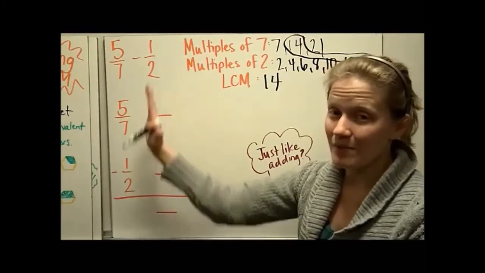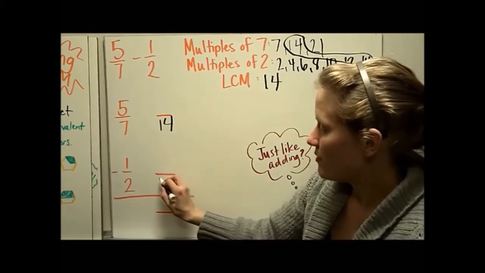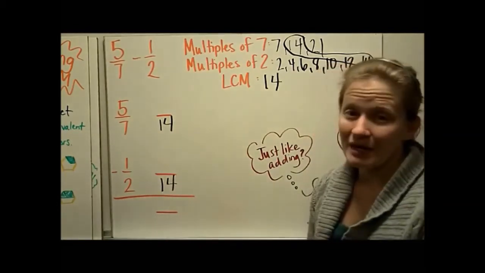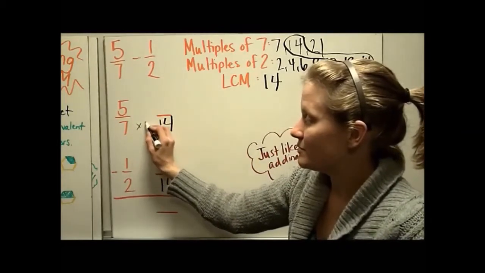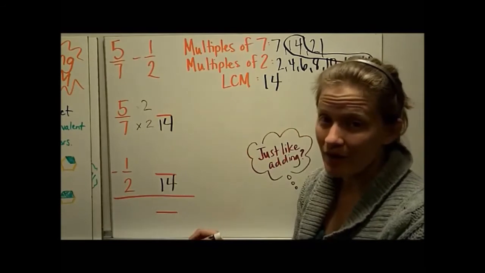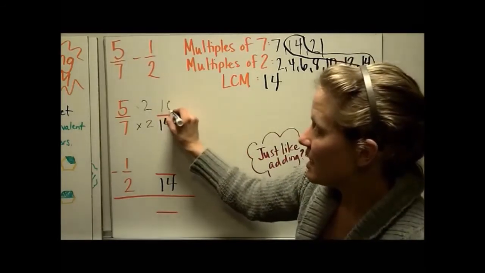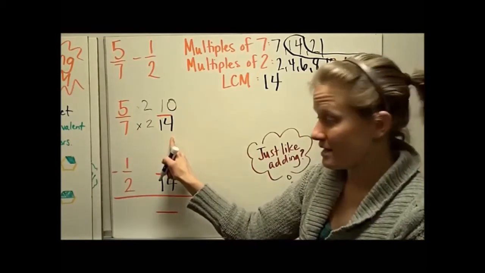Notice that I've rewritten the problem vertically. 14 is my denominator for both fractions. Then I'm going to ask myself, how did I get from 7 to 14? Well, I did times 2 on the denominator, so I'm going to do times 2 on the numerator. 5 times 2 is 10, so 5/7 is equivalent to 10/14.